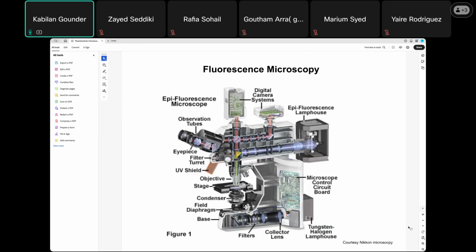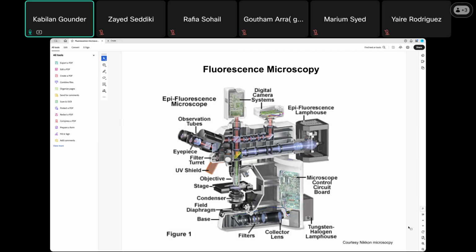So for fluorescence microscopy, I already said that it has the light microscope components: ocular lenses or eyepiece, objective lenses, stage, focus, condenser lens, and the light source. Currently, a sophisticated light microscope has a digital camera attached to a computer and software.